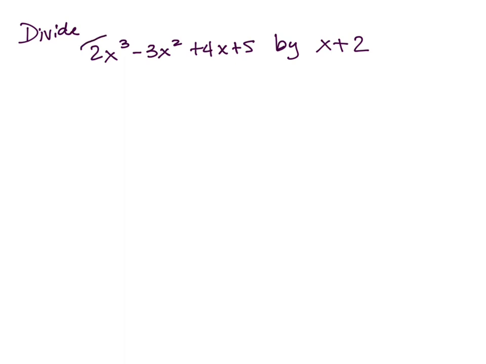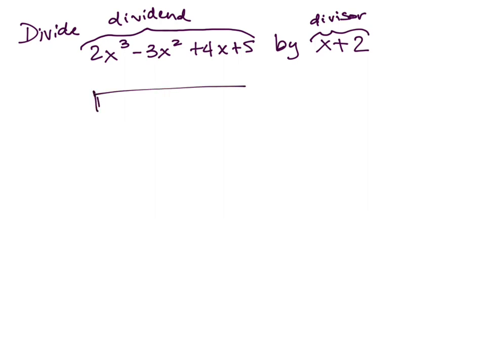This piece is called the dividend. And this piece that we're dividing by is called the divisor. Anybody know what the answer is called? What's the answer to a division problem? Quotient. Yeah, good.